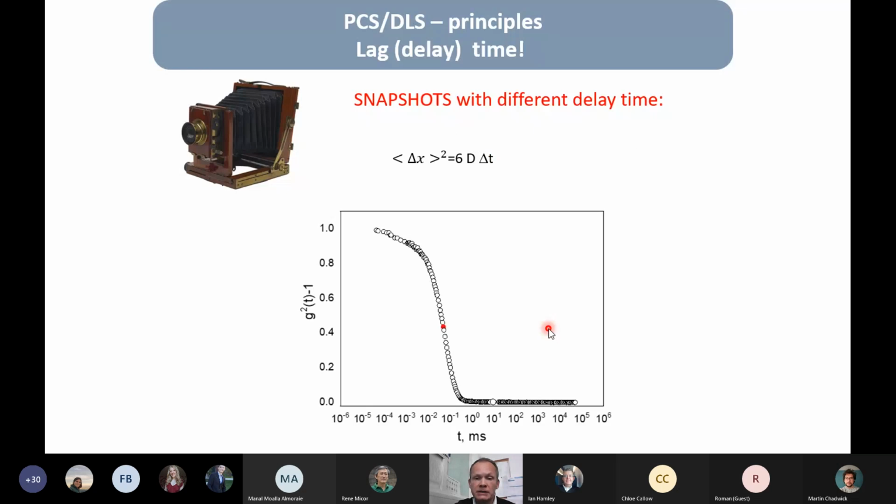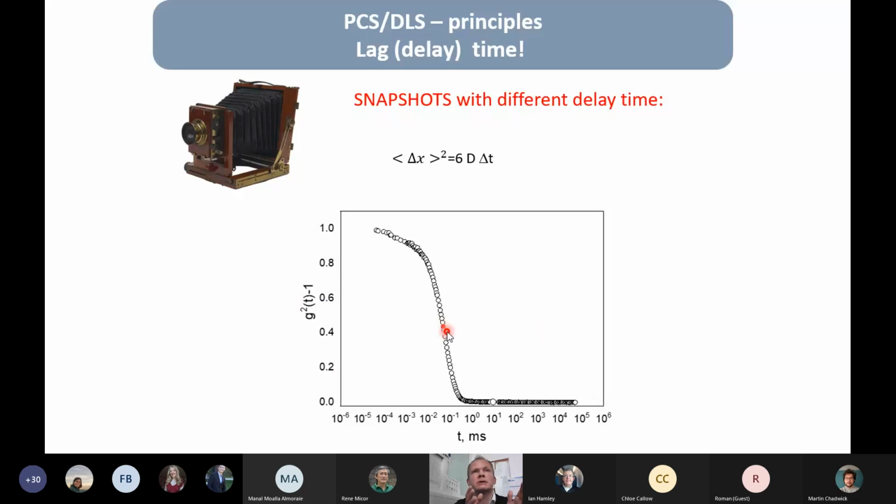But selecting some intermediate delay time, we will probably have a probability to predict of something like 50%. And the concept of dynamic light scattering says that this characteristic delay time between snapshots, which equals 50%, is directly related to the diffusion coefficient, right? That's how dynamic light scattering works.